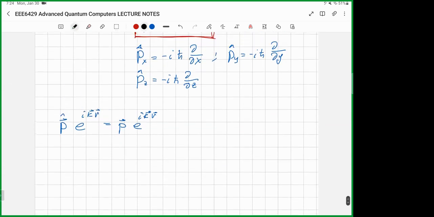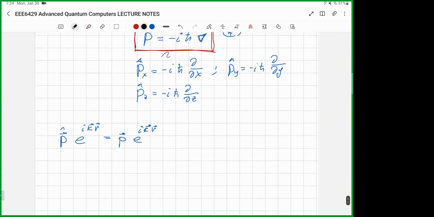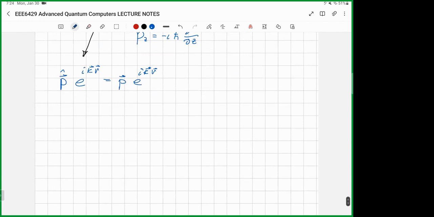Now I plug this operator into this formula. What I get is minus i h bar nabla of e to the power of ikr is equal to momentum times e to the power of ikr.